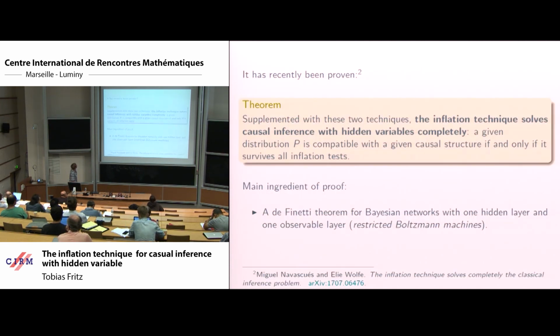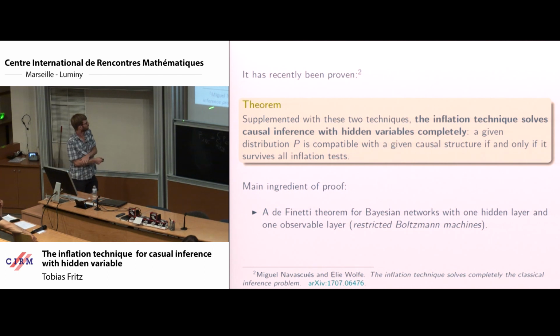Okay, yeah. So this is the result from this paper. If you use these two additional techniques, then inflation solves the problem of causal inference with hidden variables completely.